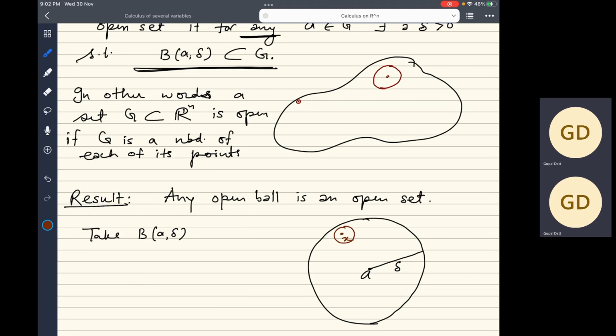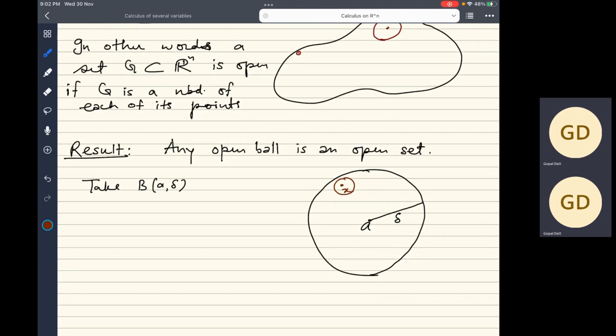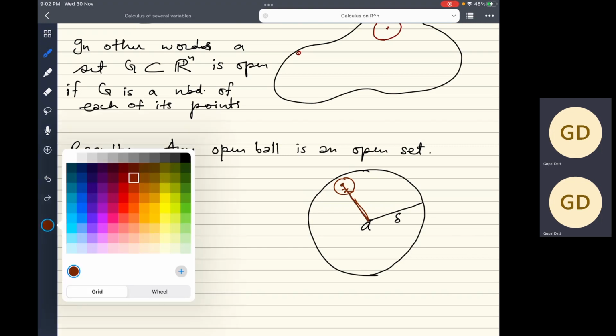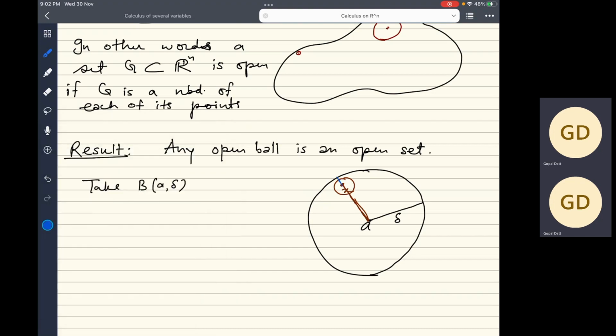So we can easily prove it, and we can write a proof. For that, I'll connect A to X, and if you extend this, this full length is delta.